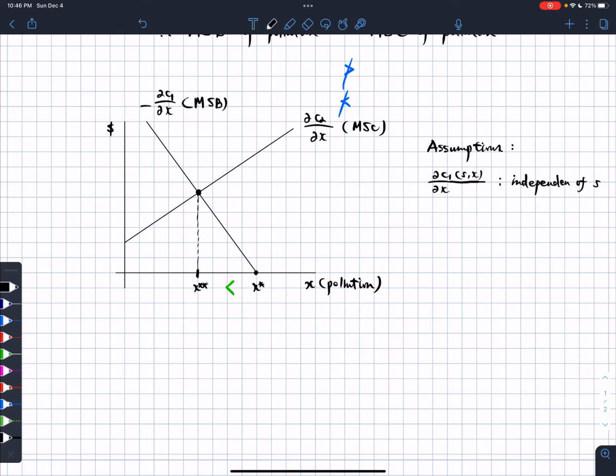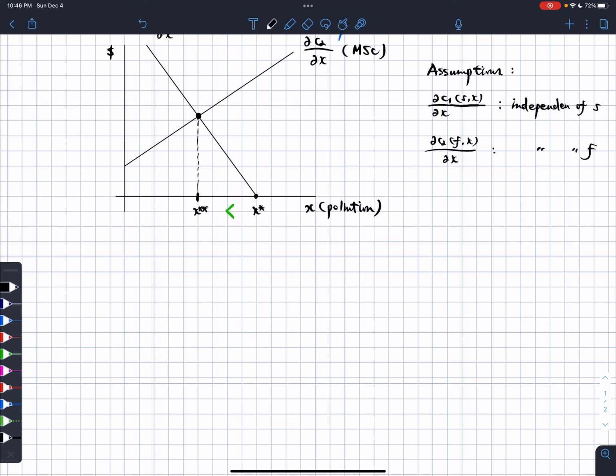Another thing is that this should also be independent of the amount of fish. Only in that case would changes in S or F not affect the relative positions of these two graphs, and therefore we can write down the positions of x double star and x star in this way.